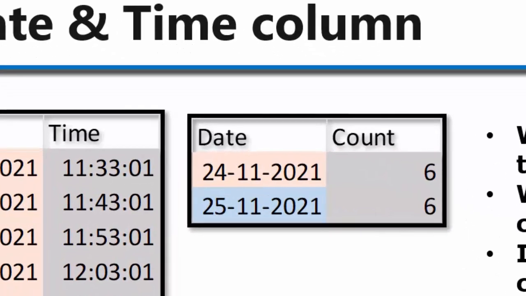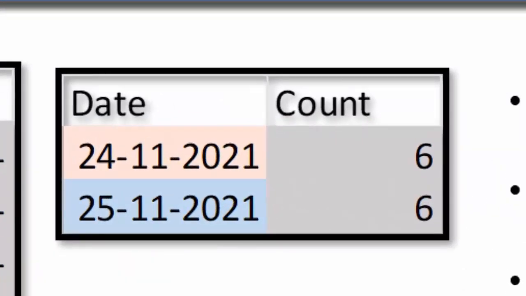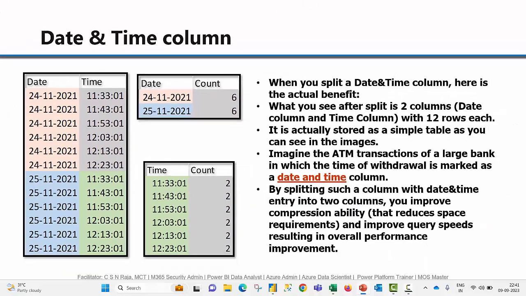So the first image says there is a date called 24th November 2021 that is occurring 6 times in the given table, and another date is occurring 6 times in the table, and you can see how much size reduction can happen when data is stored in this kind of an algorithm by the VertiPaq engine. Similarly, the information about time is also stored in terms of occurrences.